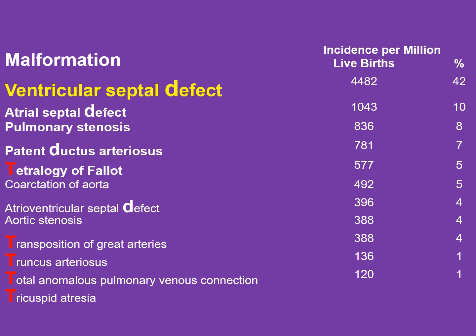So in general, the most common is your ventricular septal defects, followed by ASD, your pulmonary stenosis, and patent ductus arteriosus. In this graph, you can see that all T's are right to left: the tetralogy of Fallot, transposition of great arteries, truncus arteriosus, total anomalous pulmonary venous connection, and tricuspid atresia.